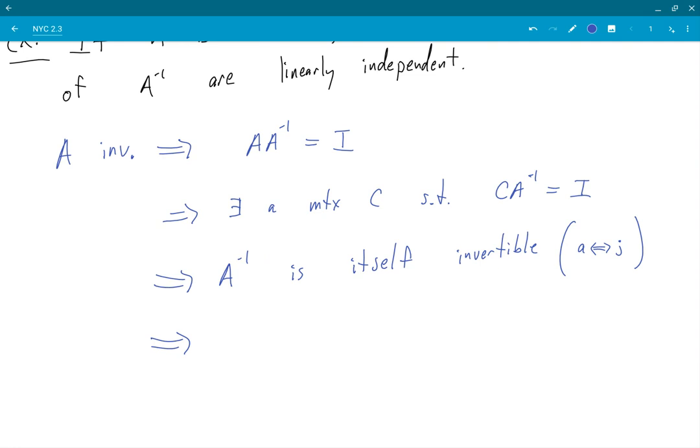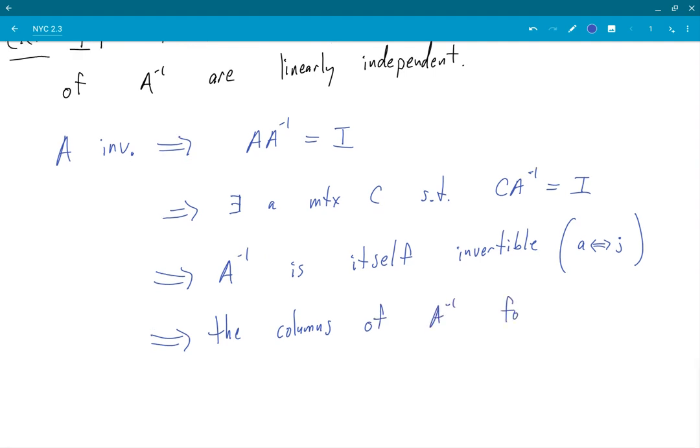So I can say the columns of A inverse form a linearly independent set.